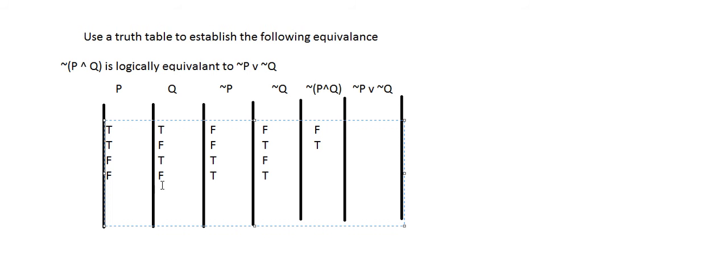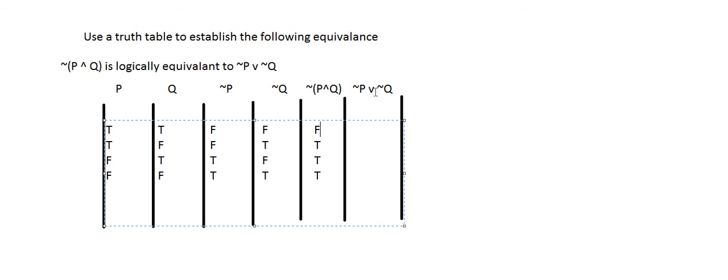That is also false, but the negation of it will be true. So this will be true. And we have false and false. That will also be false, but the negation of it will be true. So this one is true.